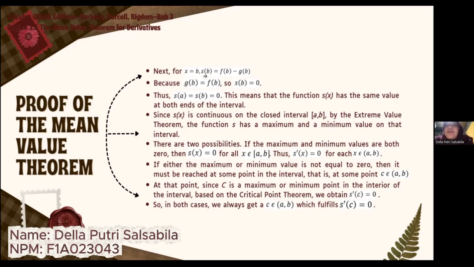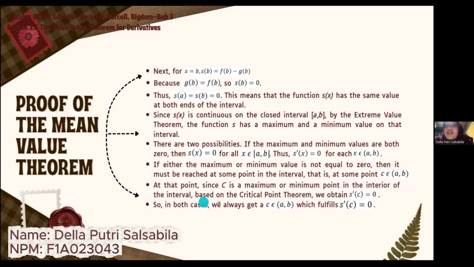If either the maximum or minimum value is not equal to 0, then it must be reached at some point in the interval, that is, at some point c in the open interval (a, b). And then point c is a maximum or minimum point in the interior of the interval.